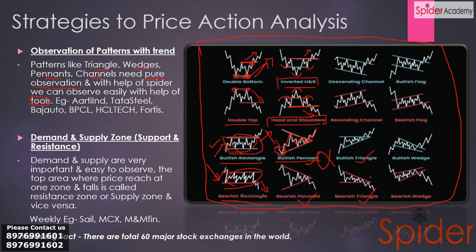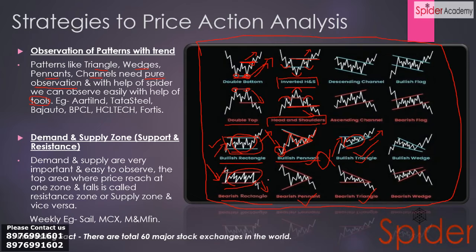But in the bullish triangle, it is the continuation of the pattern. There was a bullish trend here, then it went range bound, and after that it broke upward again. So this is the minor difference between the bullish pennant and the bullish triangle.